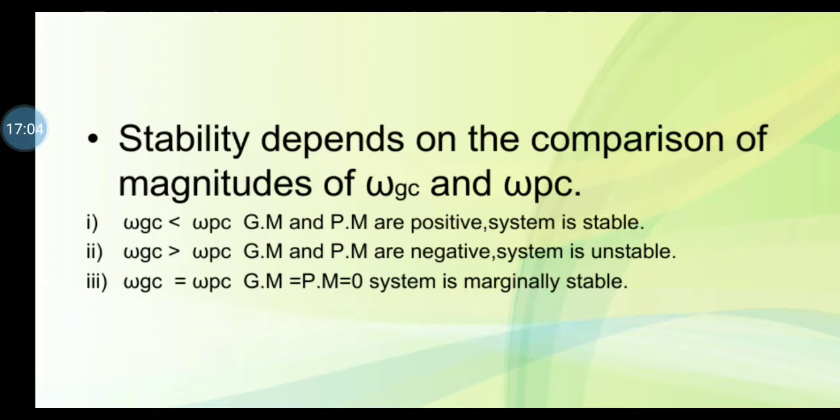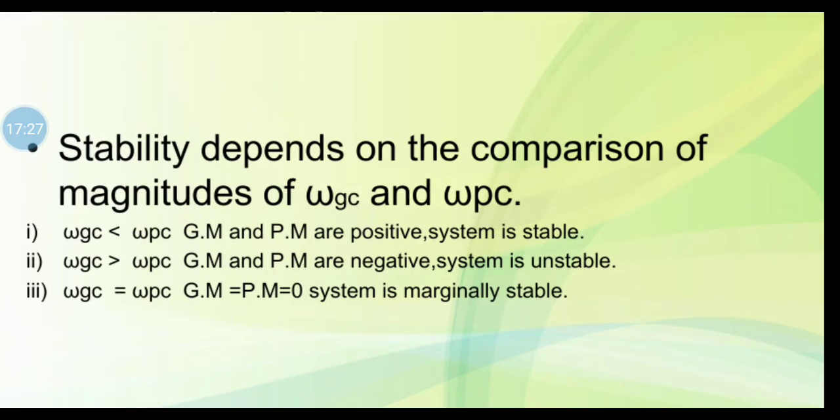If omega gc is greater than omega pc, gain margin and phase margin are negative, system is unstable. If omega gc is equal to omega pc, gain margin is equal to phase margin is equal to 0, so system is marginally stable. So we'll go for the problem.